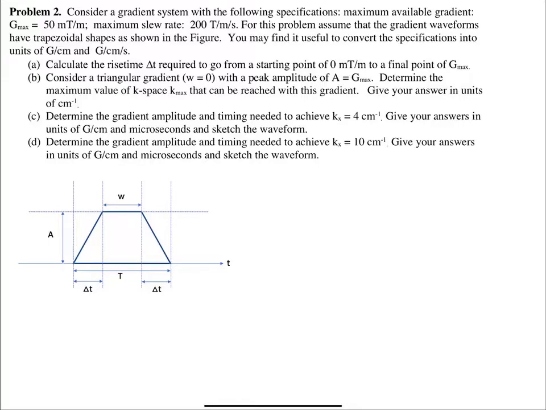In this case, this has a maximum gradient of 50 millitesla per meter, and the maximum slew rate is 200 Tesla per meter per second, okay? That slew rate is just how fast can you go.